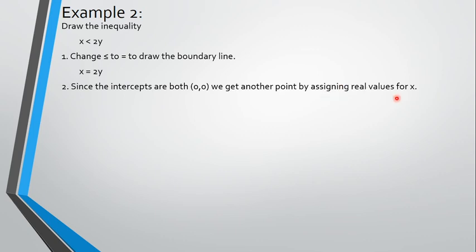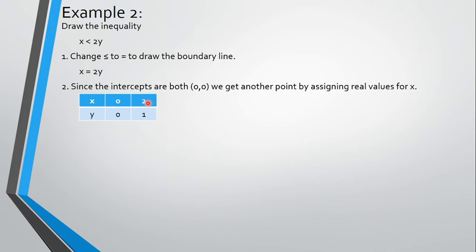So this is what I taught you last week, in which we can also assign real values for x instead of doing the x-intercept and y-intercept method. Now here, since if x is 0, y is 0, and if y is 0, x is 0, we use 2 as our real value.